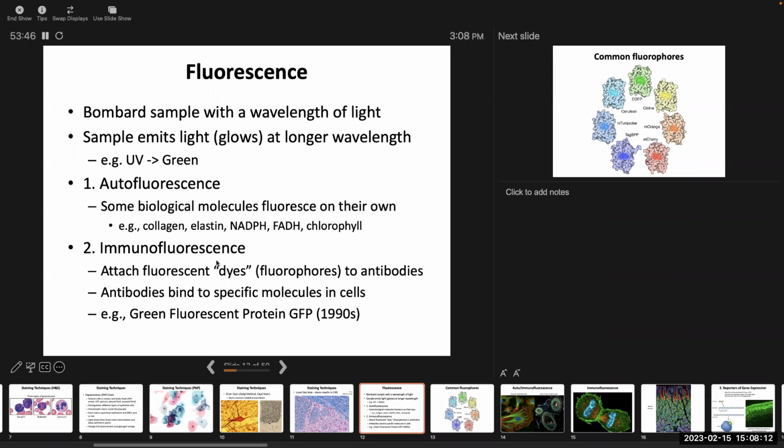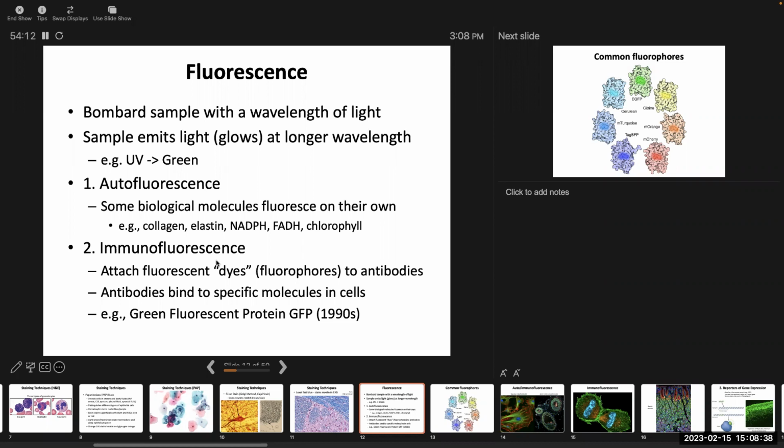And the object that you're shining the light on is going to absorb some of that energy. It's going to absorb energy from that light, but then the sample is going to start to glow. It's going to start to emit energy, but it emits the energy at a longer wavelength, at a different wavelength. So you're shining one color of light on the sample, then it glows in a different color.